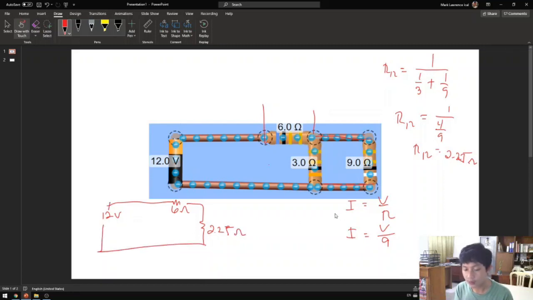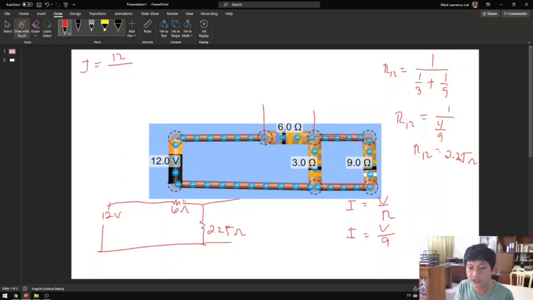Okay, so the current obviously is the same, but the voltage is different because we basically have series. But we know that the total voltage is 12. So we have to determine the current that flows through here. What's the current that flows through 2.25 and 6? Basically I is equal to the total voltage, which is 12, divided by the total resistance.